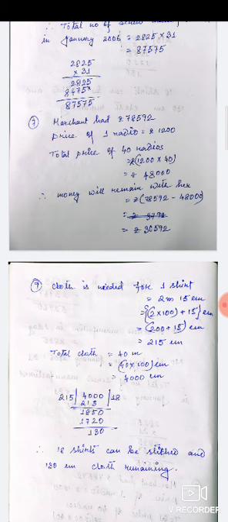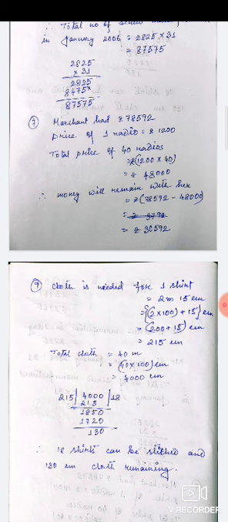Actually the merchant buys 40 radios. So what will be the price of 40 radios? Then we have to subtract that sum from what she had.